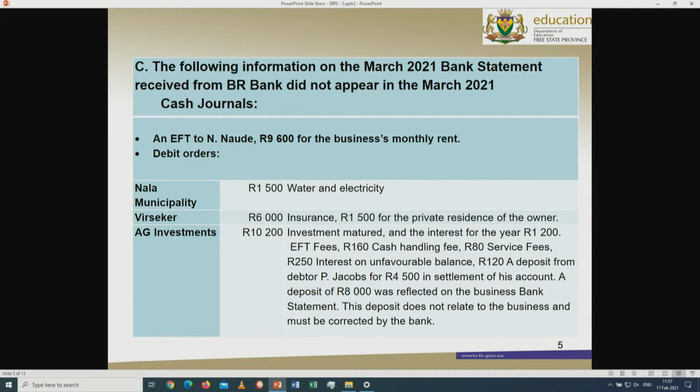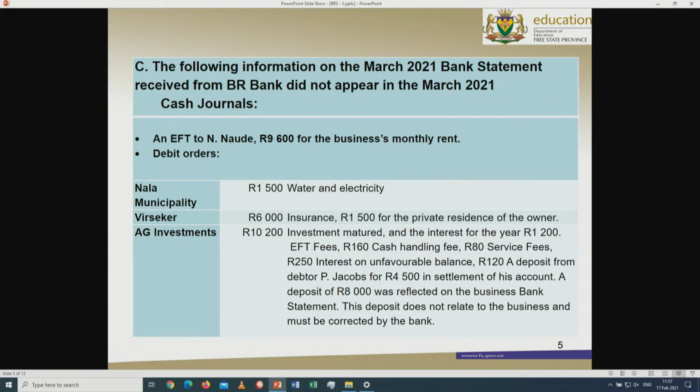For Sanlam, 6,000: insurance 1,500 for the private residence of the owner. So we paid 6,000 for insurance, of which 1,500 is for the private residence of the owner. We'll see how we deal with that transaction.